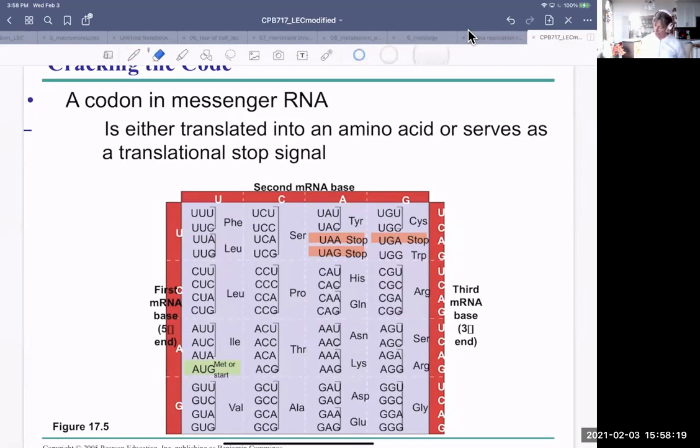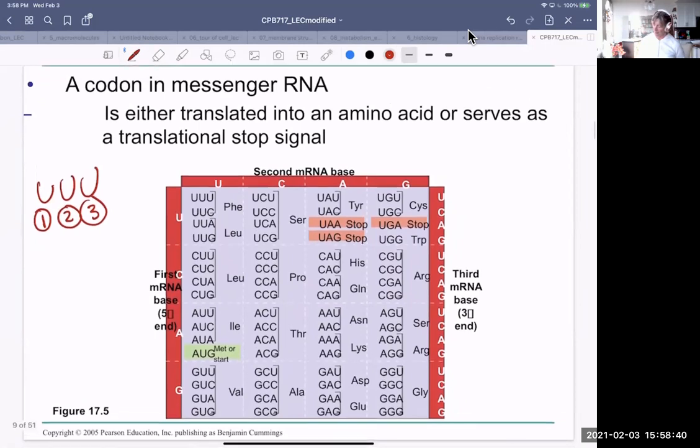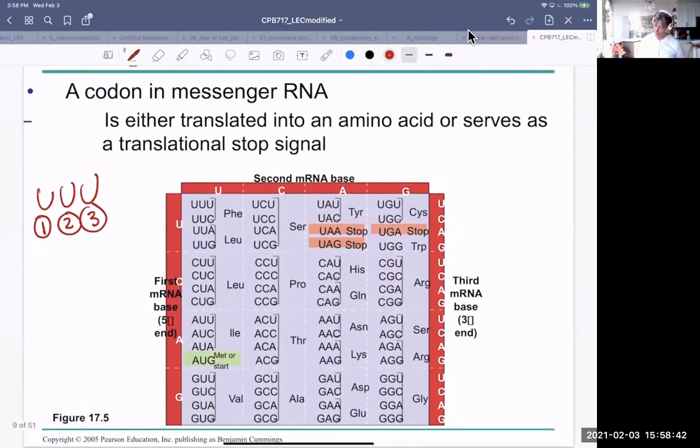So if you have a codon such as UUU, this is the first base, this is the second base, and this is the third base in that codon. So when you're looking at the code, you look for the first base here, and there's the U that we're looking for.